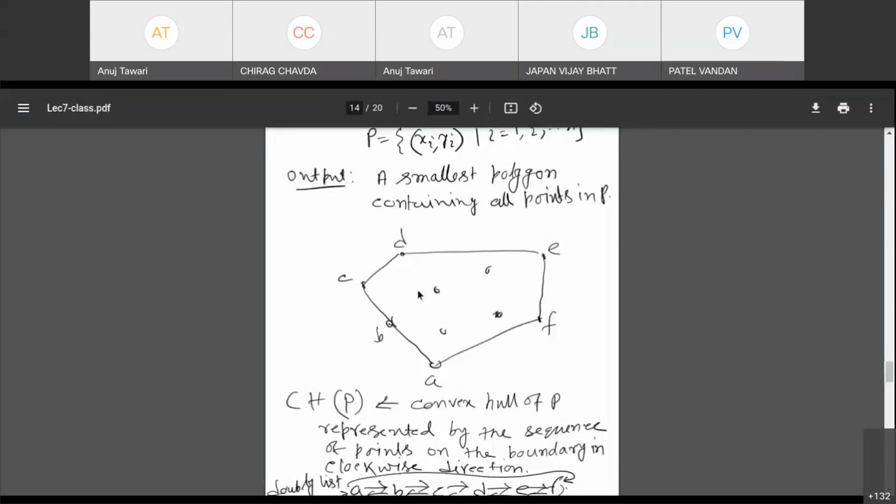And those points which are on the left side, let's say C to this point, they'll be going in clockwise direction. And you need to check whether these points are in anti-clockwise or clockwise direction. So how are you going to check that? That is the first question.